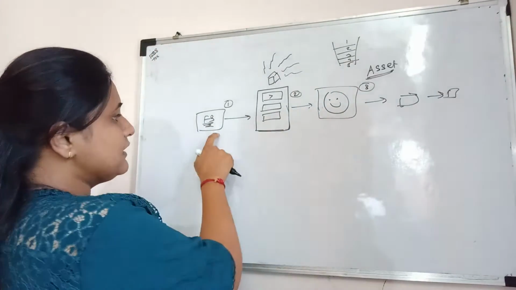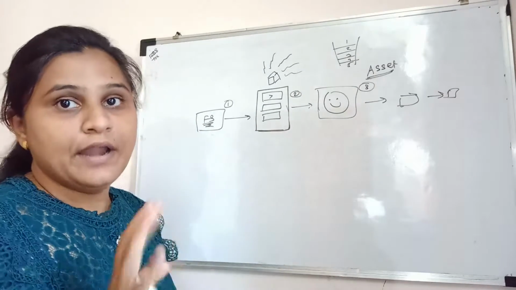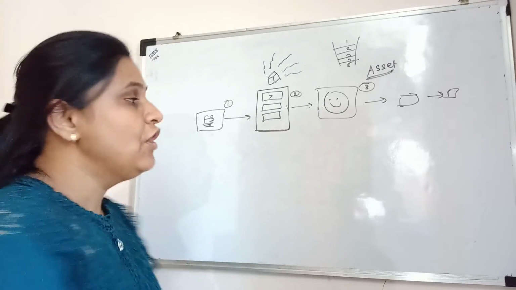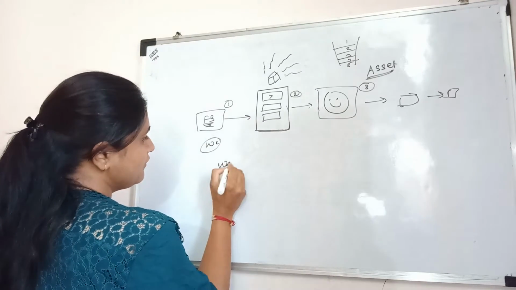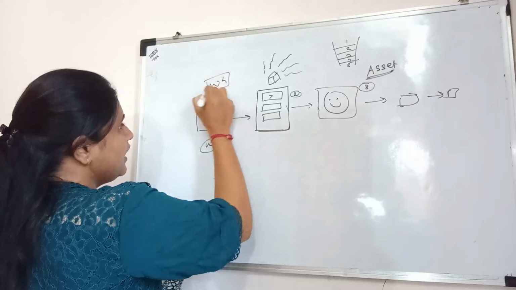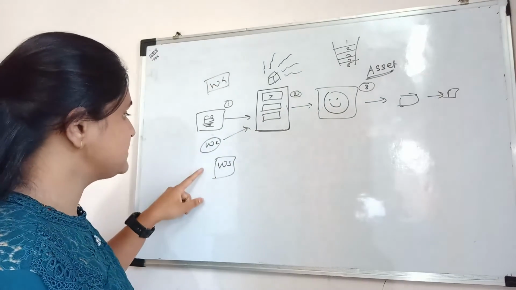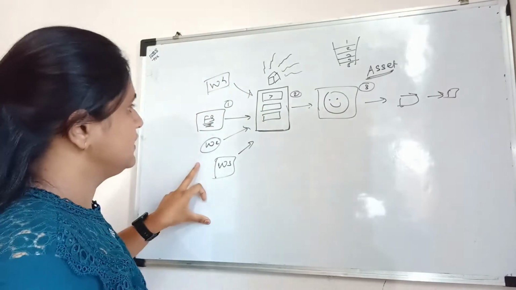Now we are redirecting people only through Facebook. Now we want to redirect people from different websites. For example, I am redirecting people from website number 2, website number 3, website number 4. I am placing advertisements on these websites also, and redirecting people through them.